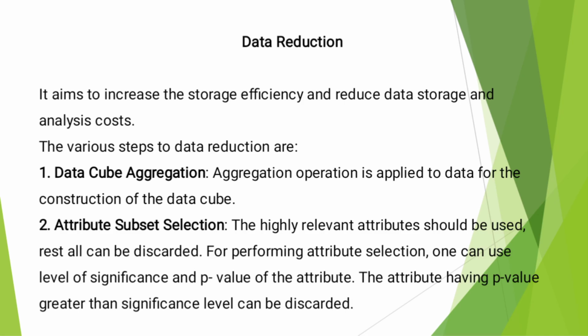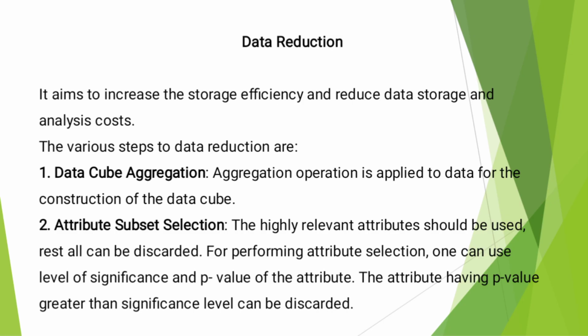Data reduction. It aims to increase storage efficiency and reduce data storage and analysis cost. The various steps of data reduction: the first one is data cube aggregation. Aggregation operation is applied to data for the construction of the data cube.